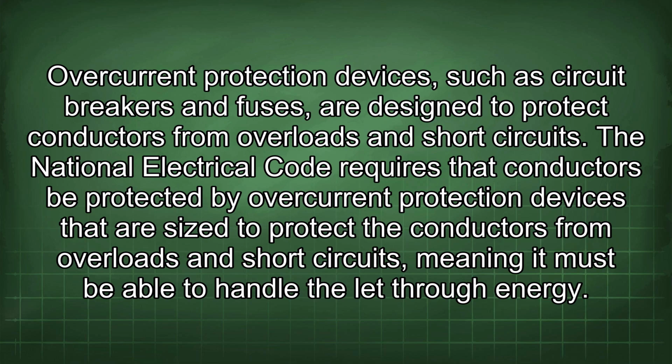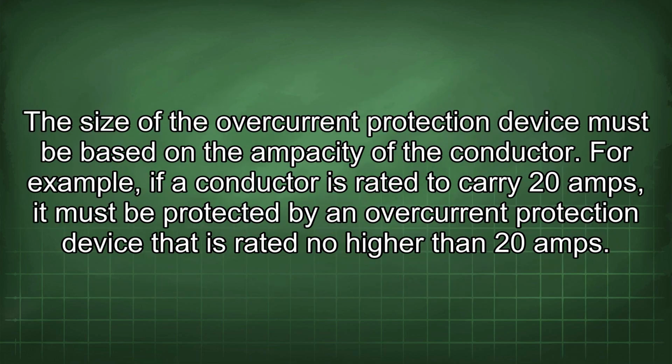The National Electrical Code requires that conductors be protected by overcurrent protection devices that are sized to protect the conductors from overloads and short circuits, meaning it must be able to handle the let-through energy. The size of the overcurrent protection device must be based on the ampacity of the conductor. For example, if a conductor is rated to carry 20 amps, it must be protected by an overcurrent protection device that is rated no higher than 20 amps.